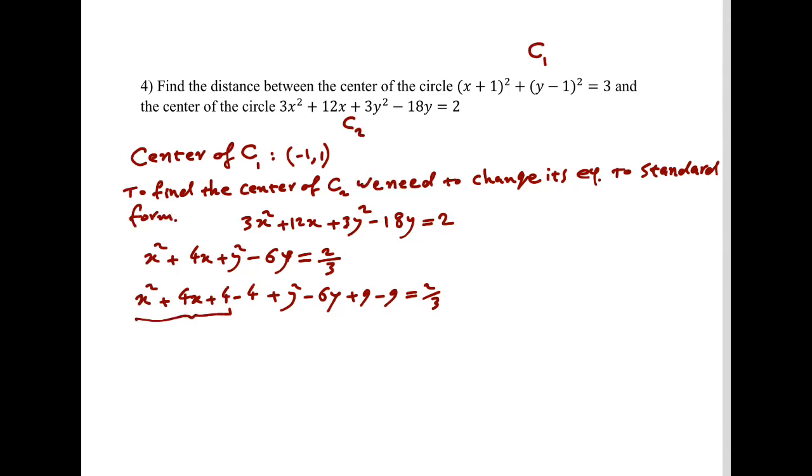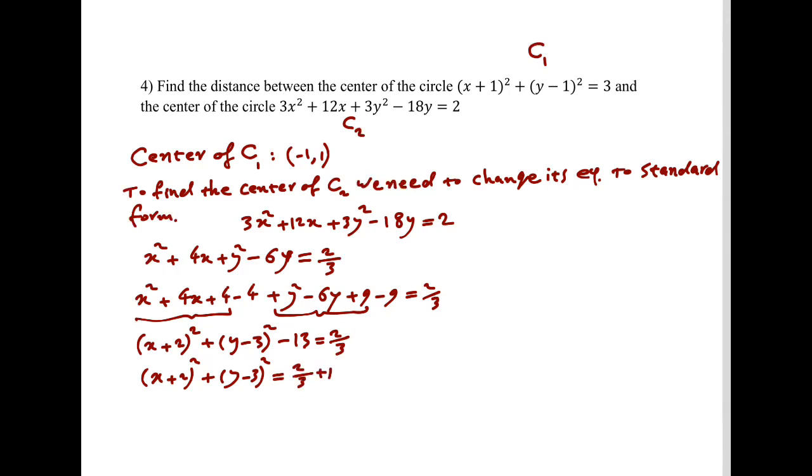And now over here, we'll get (x plus 2) squared, and for this one we'll get (y minus 3) squared, then minus 13 equals 2 over 3. Let's rewrite it one more time. (x plus 2) squared plus (y minus 3) squared equals 2 over 3 plus 13, which is equal to 41 over 3.